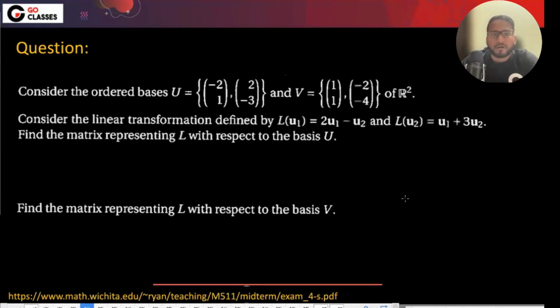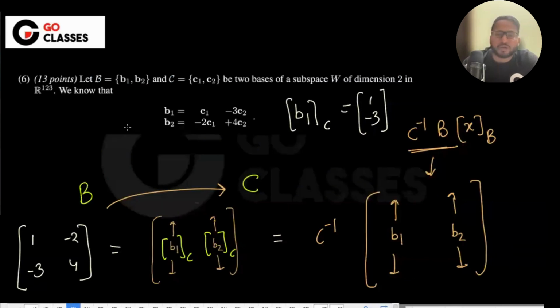Before I start with this example, let's suppose they also ask you in this particular question for B to C. B to C you can find out very easily. How? Input basis, and the input basis is already there, right? Let's suppose they ask you to find out C to B. What will you do?